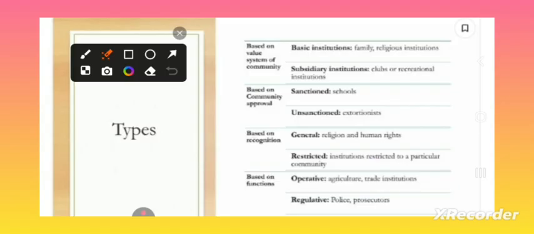Based on functions: operative and regulative. Operative, such as agriculture and trade institutions. Regulative, such as police, institutions that maintain order.